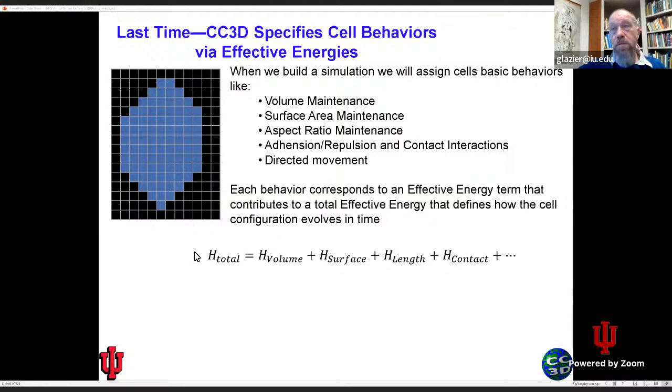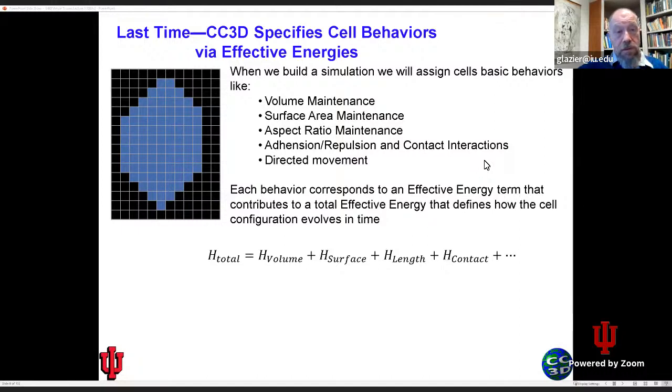Similarly, if I don't specify what the surface area of the cell is, the surface area can fluctuate. And so if I want to maintain the surface area, I will need to use what I will call a surface area constraint. If I want the cell to be elongated in a particular direction, I'll use something that maintains the aspect ratio of the cell. And there are going to be other energy terms that will do other things. In particular, we've talked a little bit about contact energy, which we looked at last week.